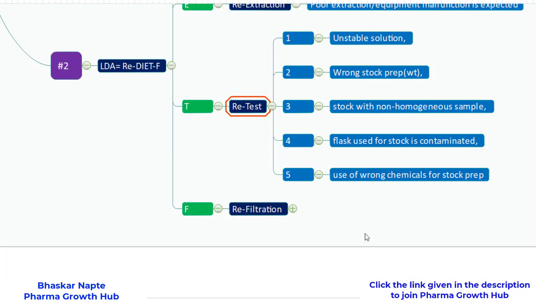The F stands for the filtration, so refiltration. So in case you are doubting that the filtration process or the filter paper used is wrong, you suspect the filtration process, in that case you can refilter the stock solution available or your test solution available with the right filtration technique, with the right filter paper, and then understand whether the result is within the spec or not yet within the spec.